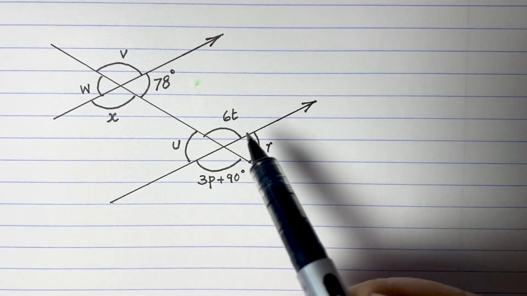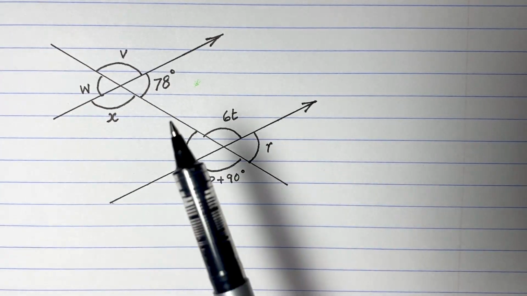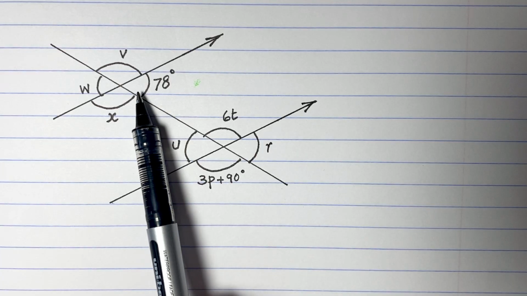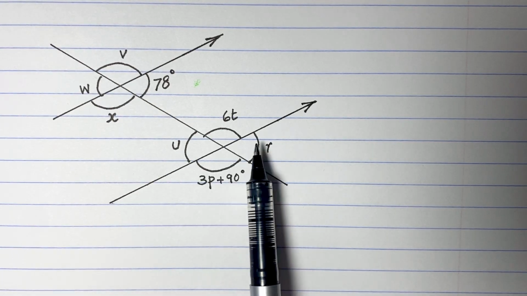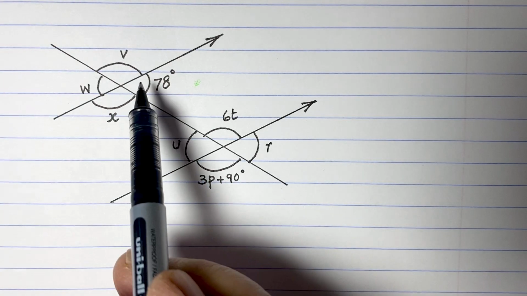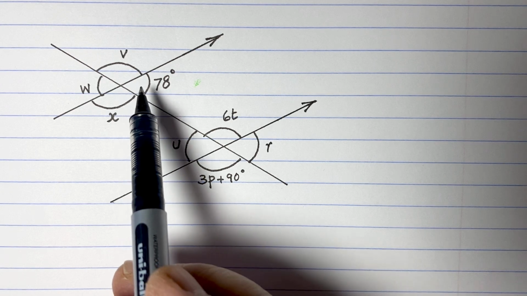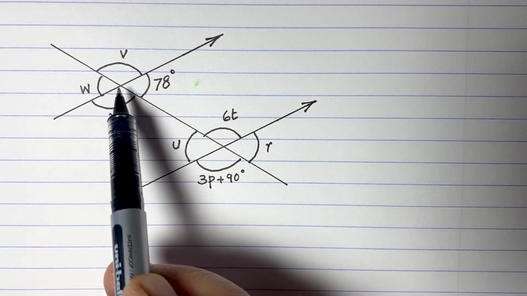I have written a question here, and one angle is given as 78, and the rest are letters that need to be found. The way I would go about it, of course, it's not just a unique way. Here I can say W equals 78.